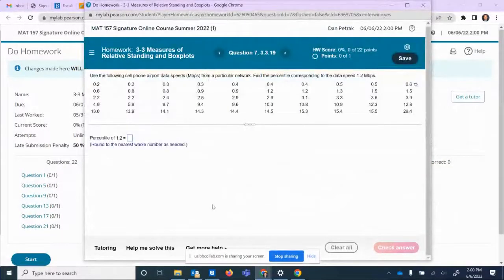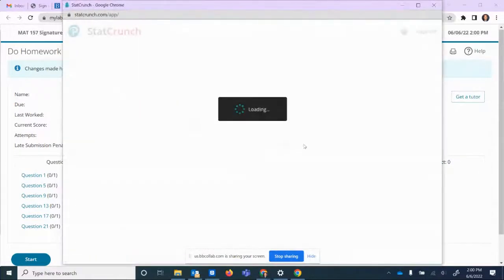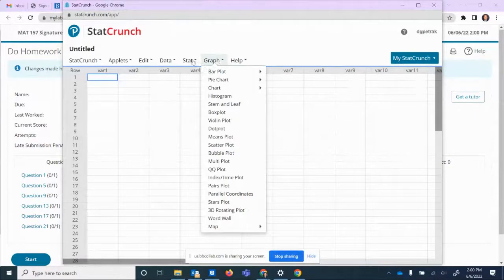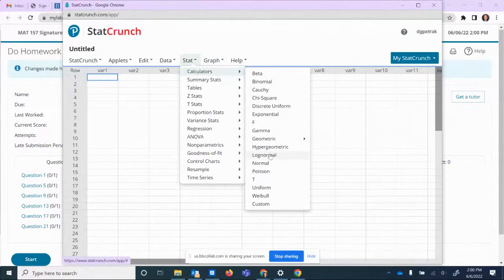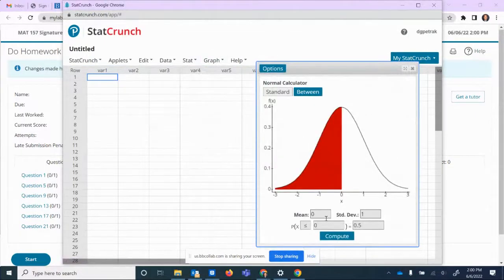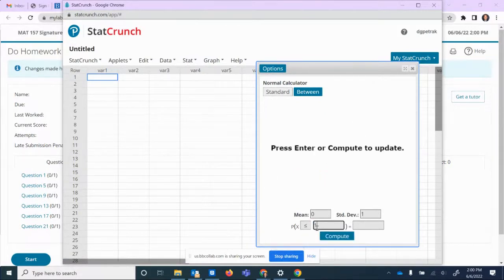So if I pull up my normal calculator, I can go to stat calculators, normal, and just type in negative 1.33.